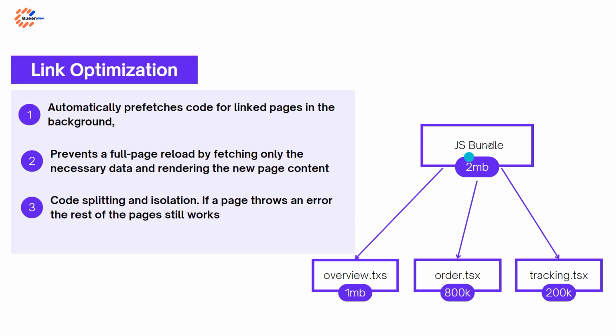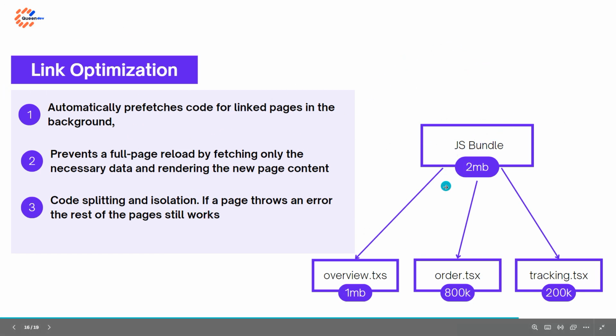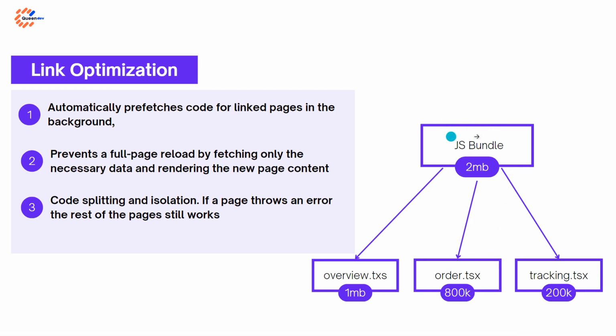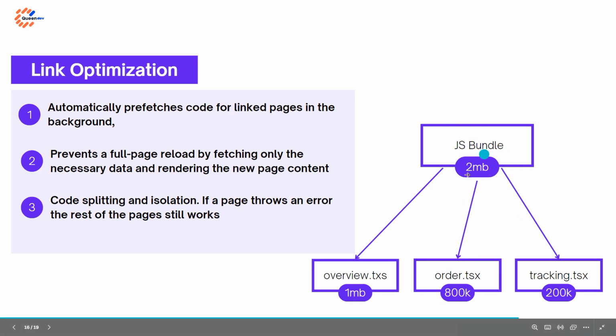As you can see from this diagram on the right here, with JavaScript or with React, everything, we have the overview page, our order page, and the tracking order page. You see that the bundle size of the whole of this application here is 2 megabytes. Next.js is going to split, for example, this application here has 3 routes. You have the overview, order, and tracking routes.